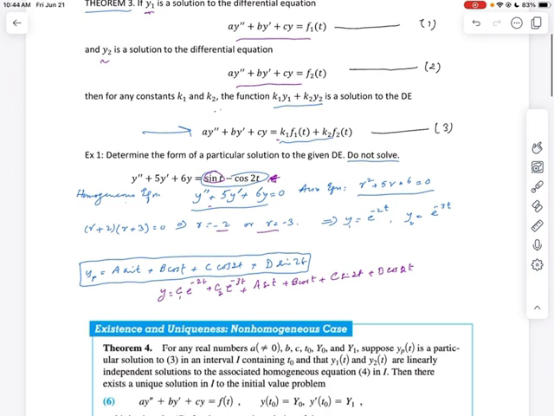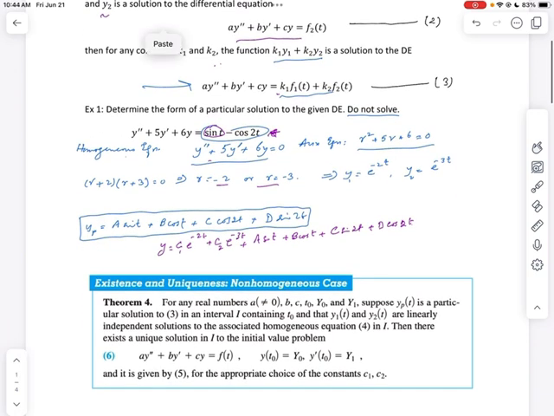Next is theorem 4, which is existence and uniqueness in the non-homogeneous case. So we are saying that for any real numbers a, b, c, t0, y0 and y1, suppose yp is a particular solution to equation 3 in an interval I containing t0, and that y1 and y2 are linearly independent solutions of the associated homogeneous equation in the interval I, then there exists a unique solution in I to the initial value problem.